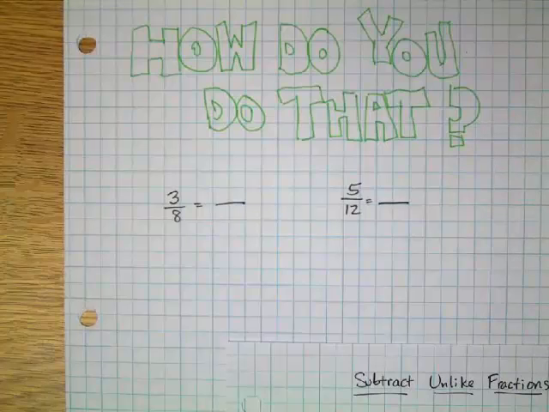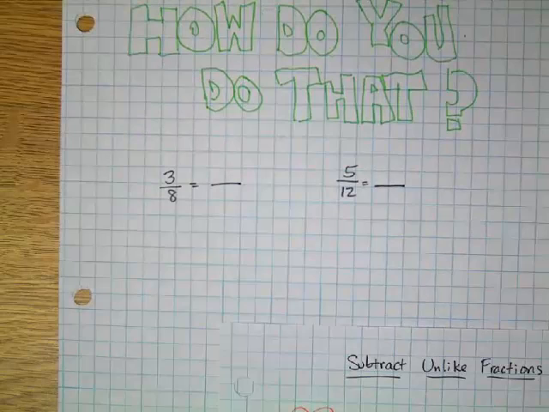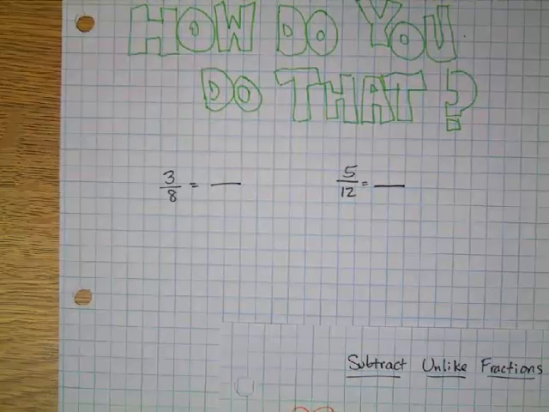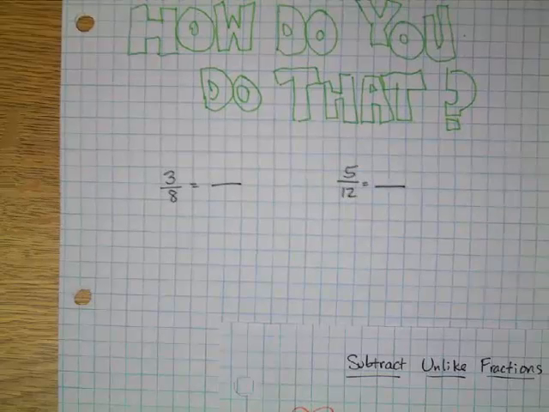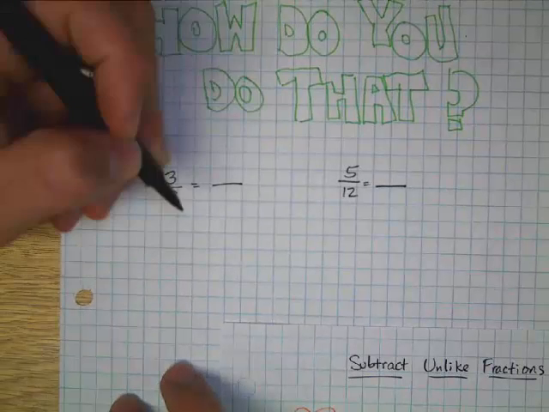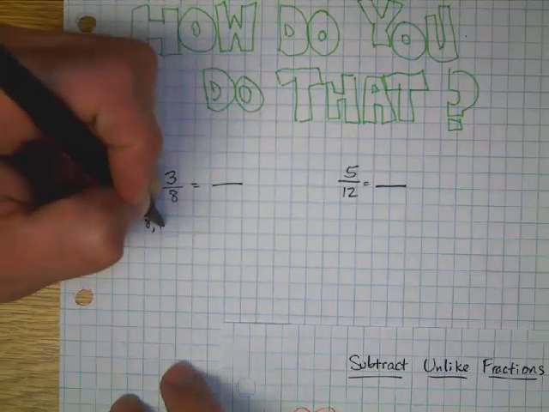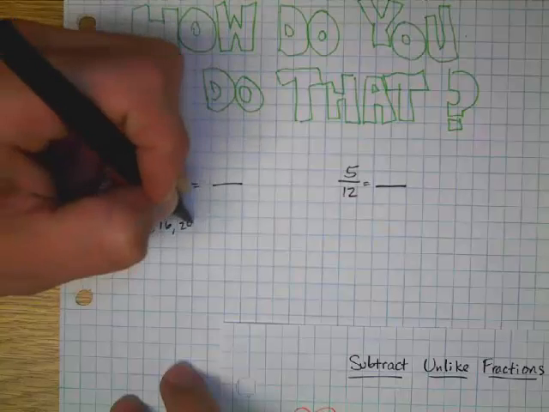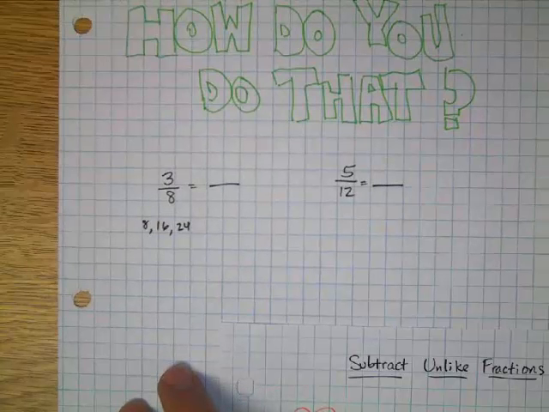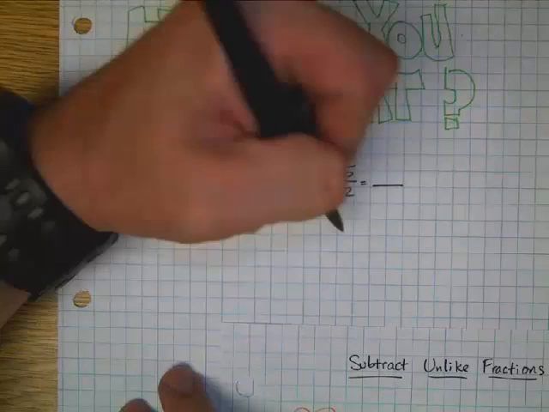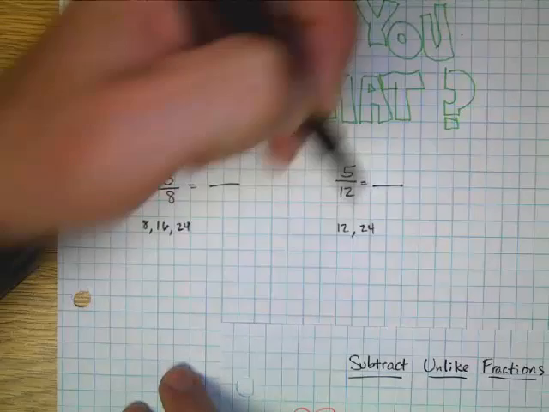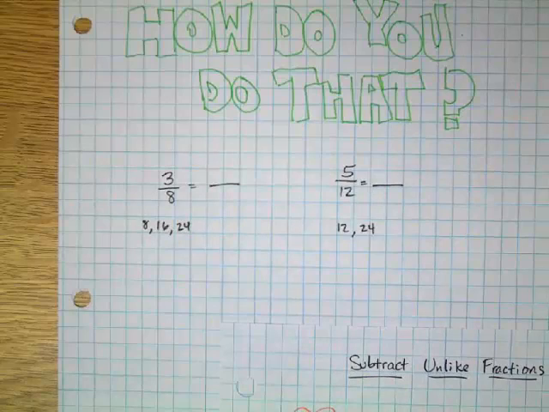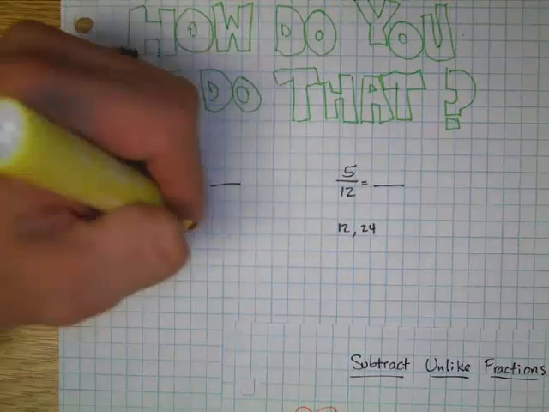So we need to find a multiple that both 8 and 12 have in common. One way to do that is to list the multiples of 8 and 12. So we could go 8, 16, 24. I think I already see one, because I know 12 times 1 is 12, and 12 times 2 is 24. Therefore, we can turn these into fractional parts that have 24ths in them.